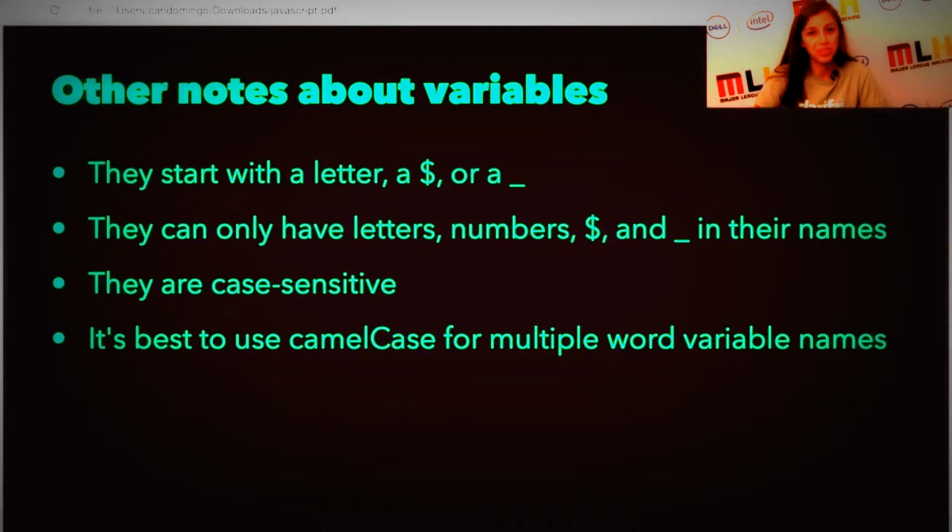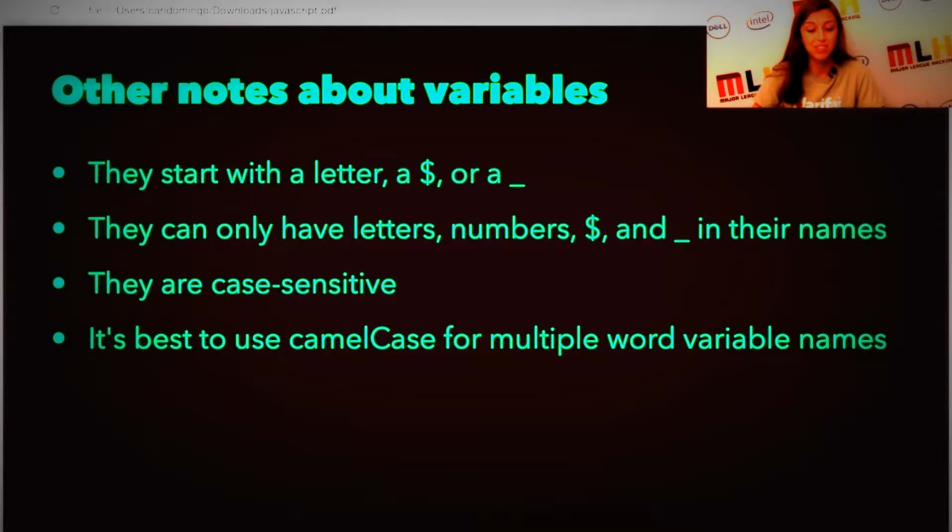It's one of those languages that you just do what you're told because it's JavaScript. But anyway, they start with a letter, a $, or an underscore. They can consist of letters, numbers, $, and underscores. They are case sensitive. That means that it does pay attention if things are lowercase and capital letters, so make sure that you include that.